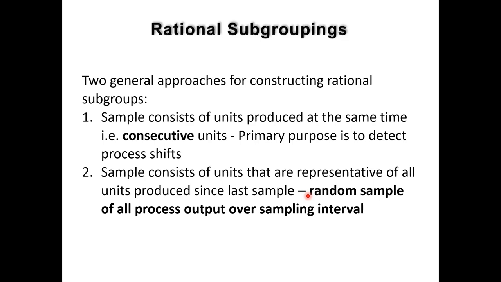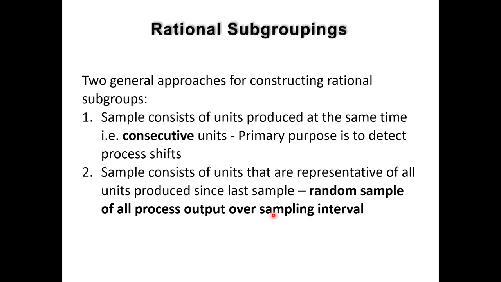That is a situation whereby the sample consists of units representative of all units, collected randomly after the whole batch is produced. So it is a random sample of all process output over the sampling interval.